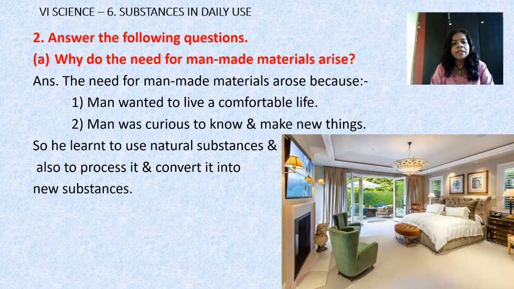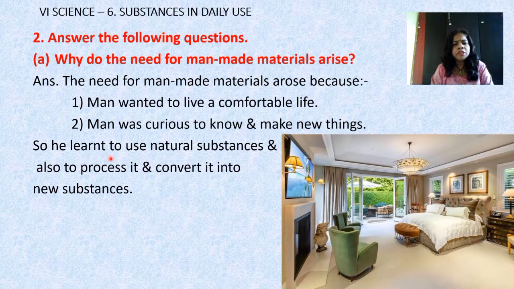Now the next question, children. Answer the following questions. Why did the need for man-made materials arise? The need for man-made materials arose because man wanted to live a comfortable life. Second, man was curious to know and make new things.